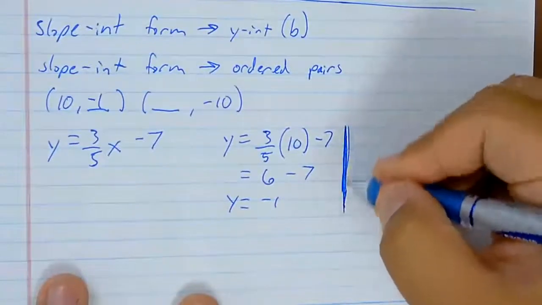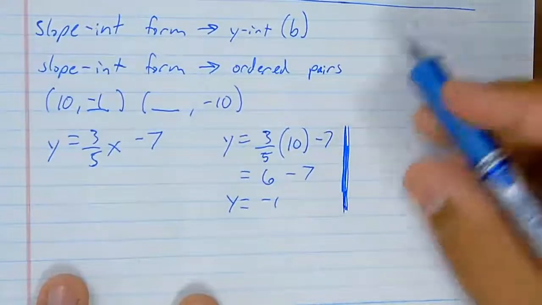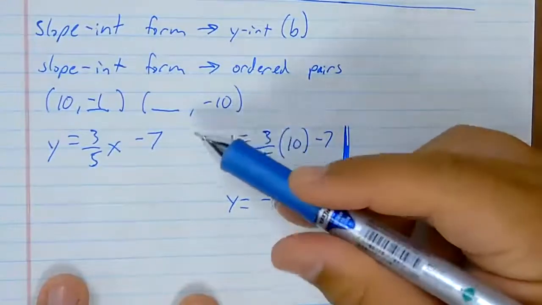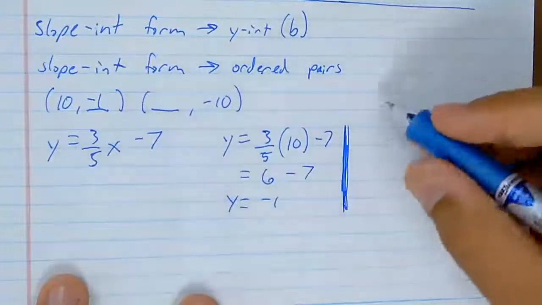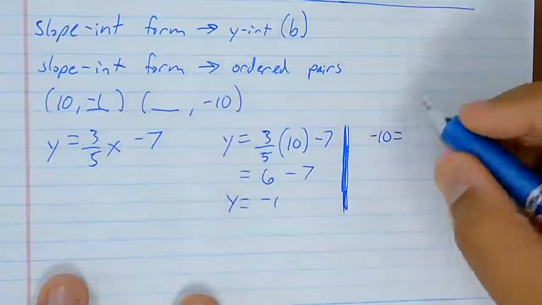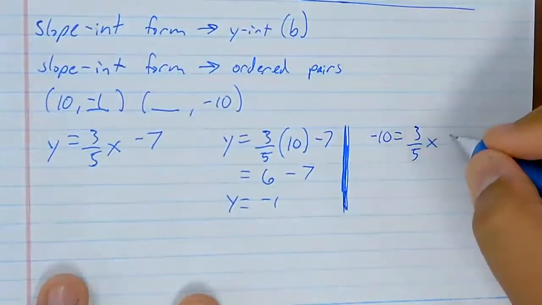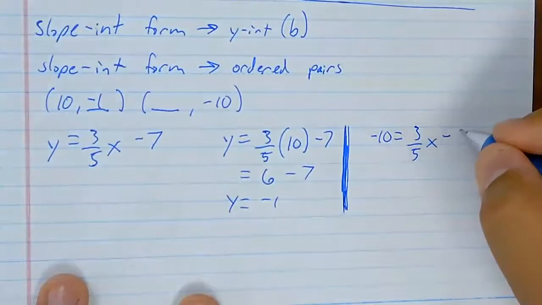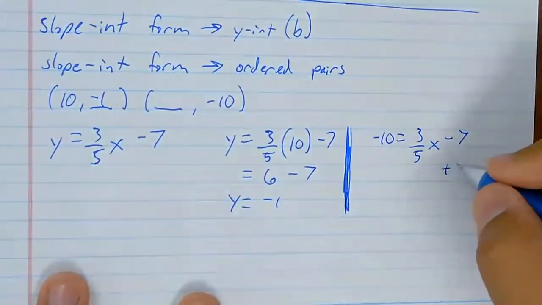The second ordered pair is not as obvious. In this case, we're given the y value, and we have to find x. So we're going to replace y with -10. So it's going to be -10 equals 3/5 x minus 7. And now we have to solve for x.